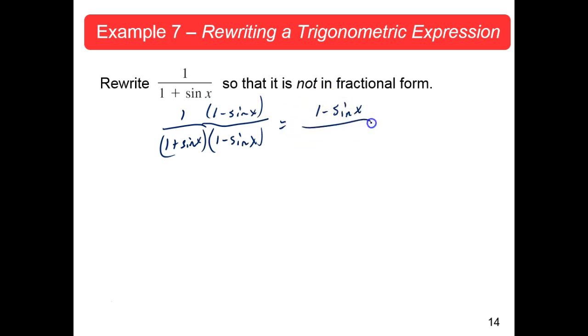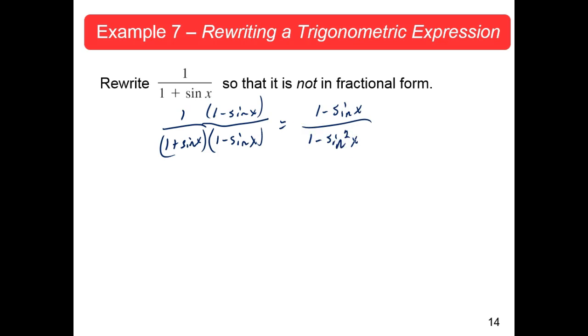You tell me what the denominator is now. It's actually 1 minus sine squared x, right?